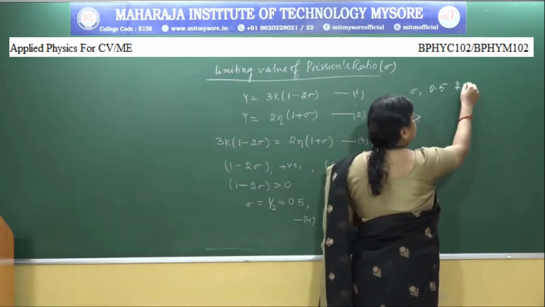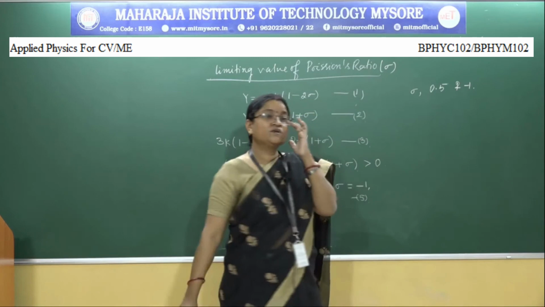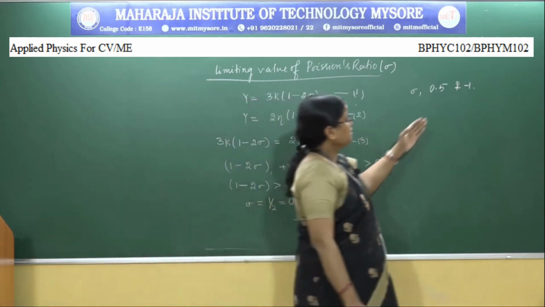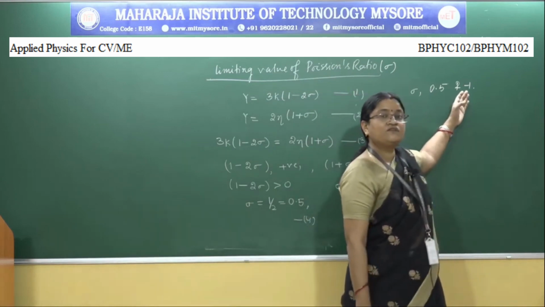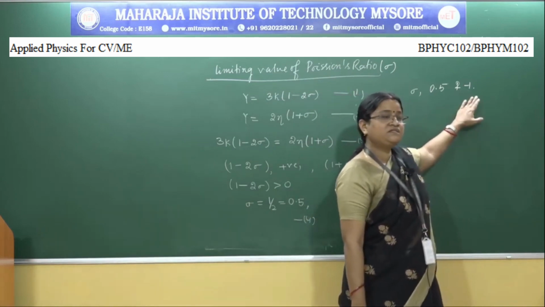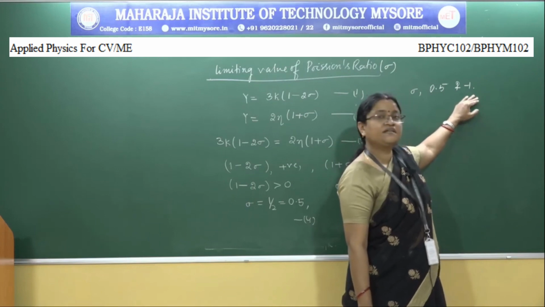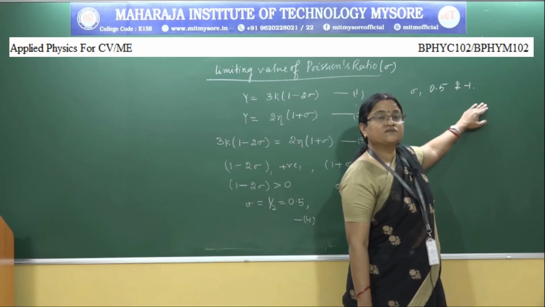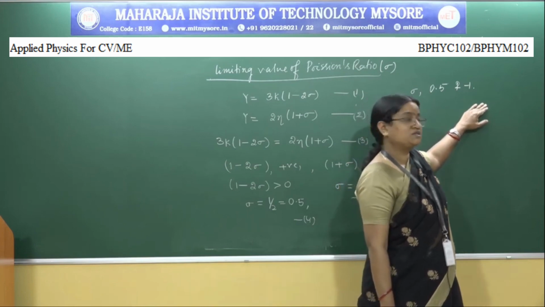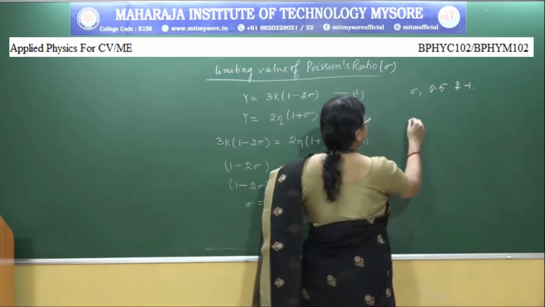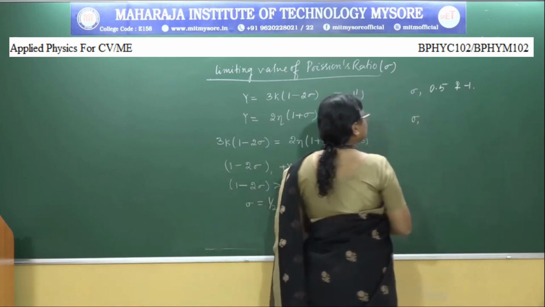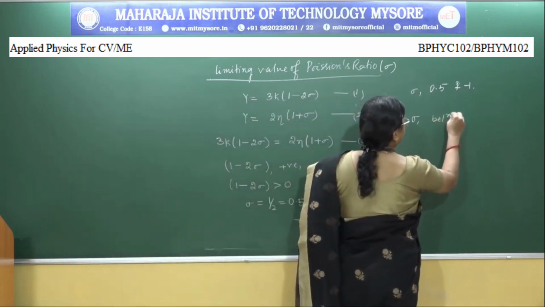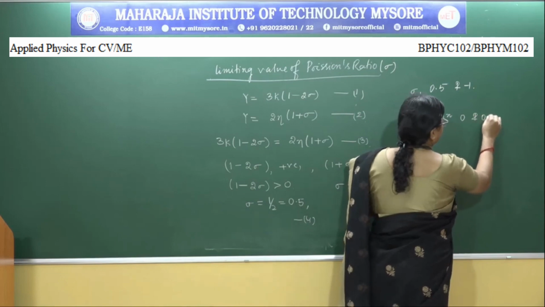But if you consider a negative value of the Poisson ratio, it means that a longitudinal strain produces expansion in the lateral strain as well, which is not practically possible. So, for the practical value, sigma must be between 0 and 0.5.